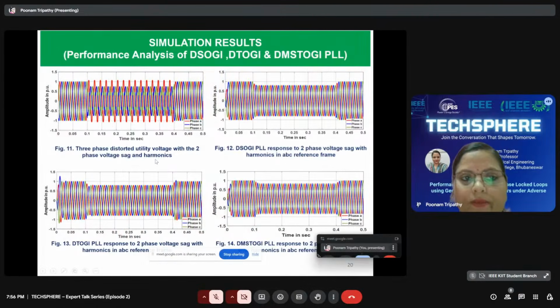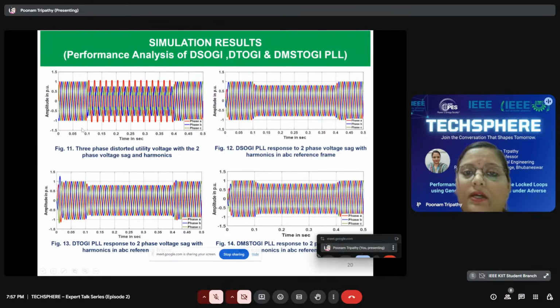From the simulation results, you can see that for a total time period of 0 to 0.5 seconds, in the natural reference frame or the ABC reference frame, this shows the input voltage. The disturbance consisting of 2-phase voltage sag with 5th and 7th harmonic has been introduced for the time period of 0.1 to 0.4 second.